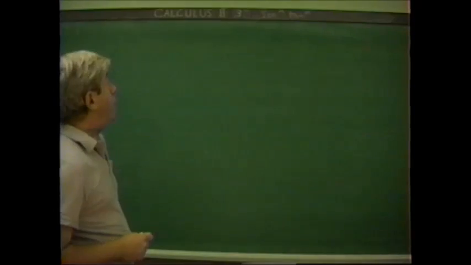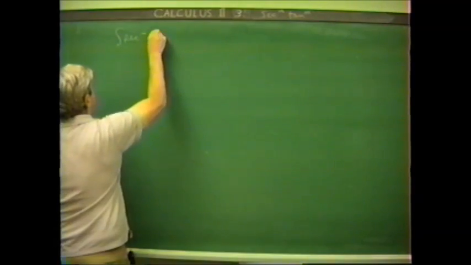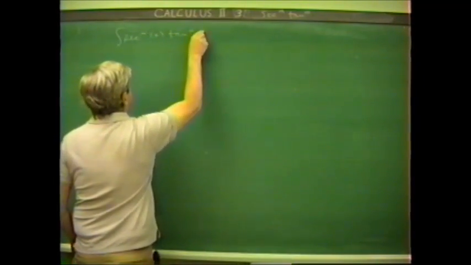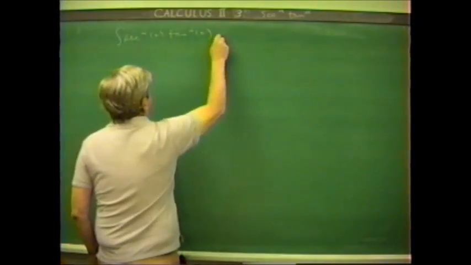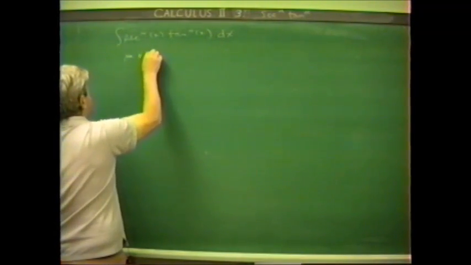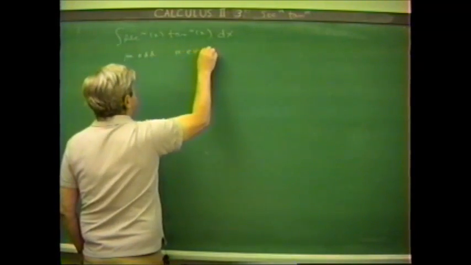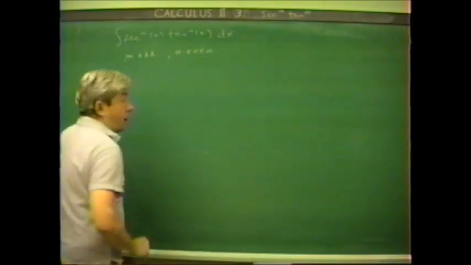All right, we want to take now a look at the antiderivative of secant to the m of x tangent to the n of x with respect to x, where m is odd and n is even. So that the previous thing that we've just done can't be done.